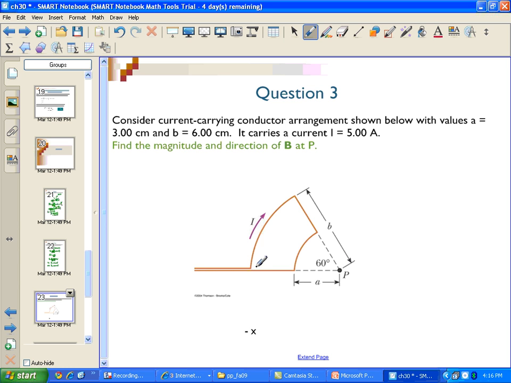Now the outer arc defines a radius or a distance to the center which is 6 centimeters. The inner arc defines a distance of 3 centimeters. The current through each segment is 5 amps.